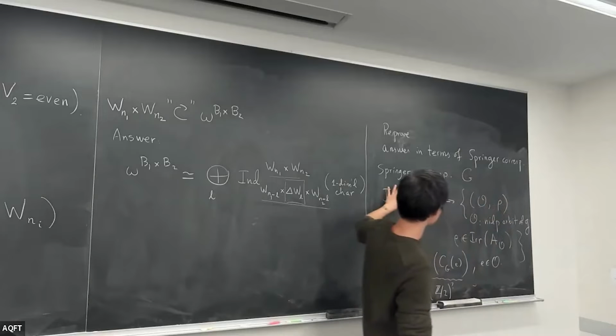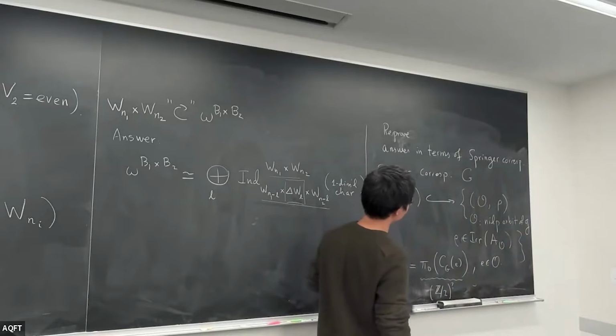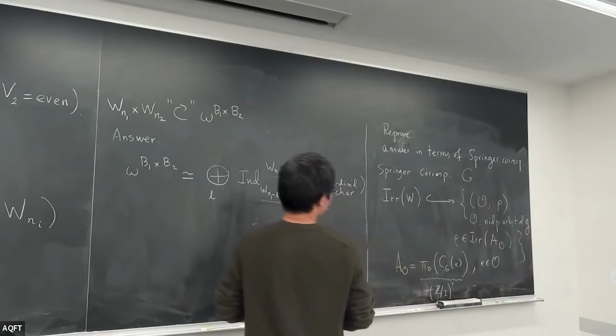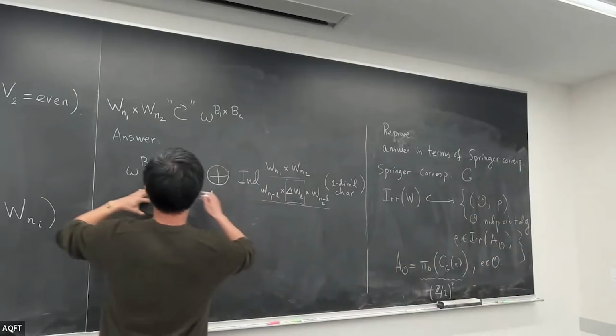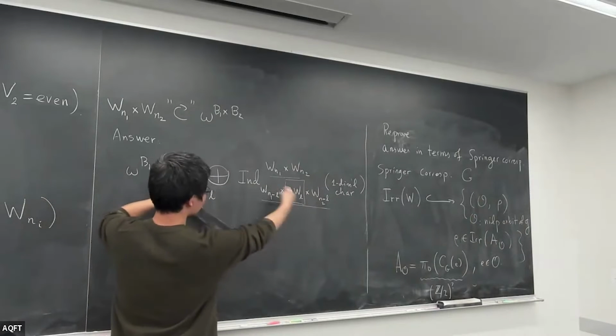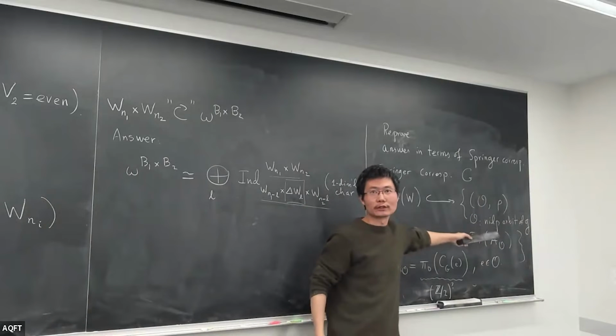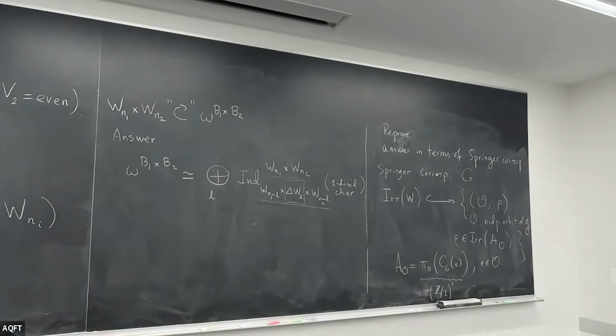This pair is in the image. But for other rho, sometimes it is in the image, sometimes it's not. So we want to write down this decomposition pattern using nilpotent orbits rather than directly using Weyl group representations.